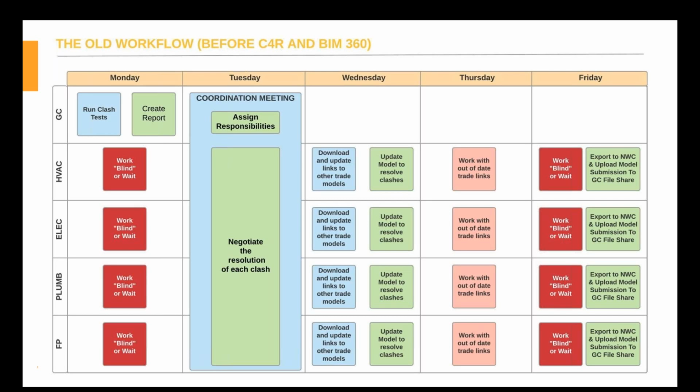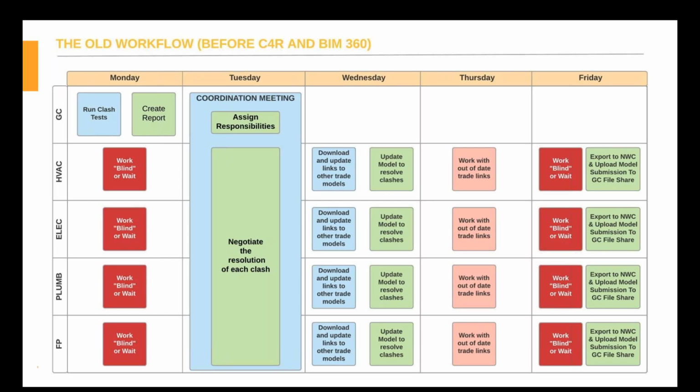The updates would continually be siloed throughout the cycle until the next download after the meeting. So you can see that on Wednesday, when they're updating the model to resolve clashes, they're moving objects, but the other teams are not seeing those objects move in their model.